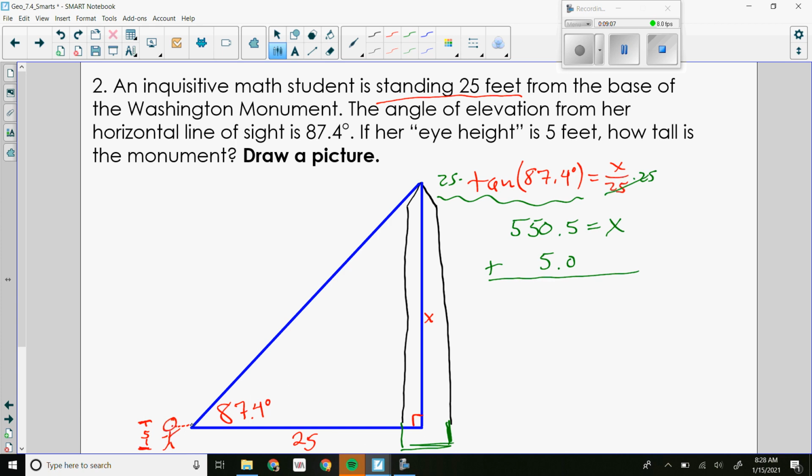When she looks straight at it, the horizon of her eye goes 5 feet up on the monument. So this is 555.5 feet. I think it's actually 555 even, the Washington Monument. You can look that up if you'd like.